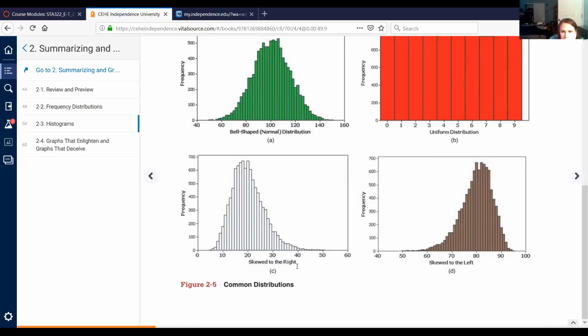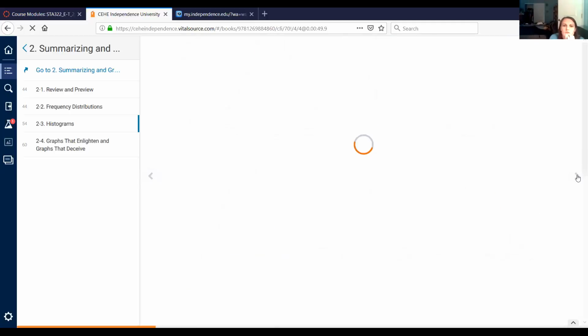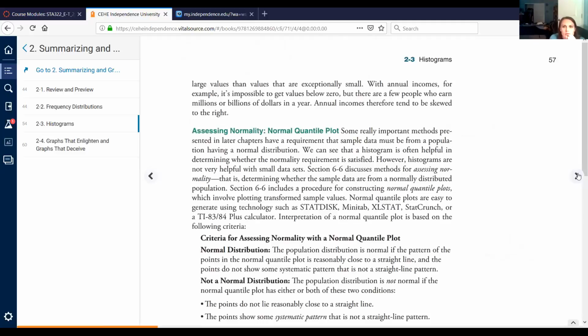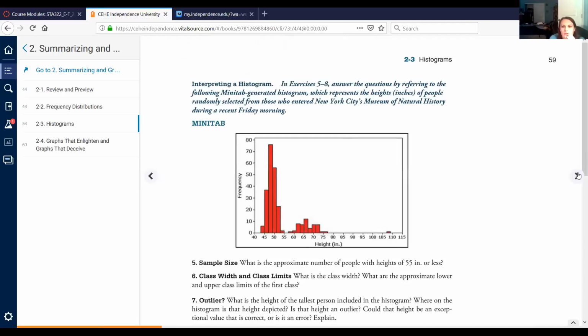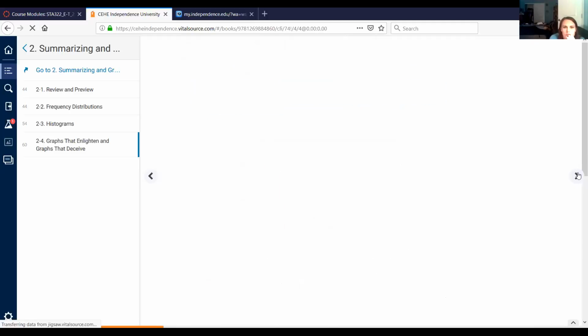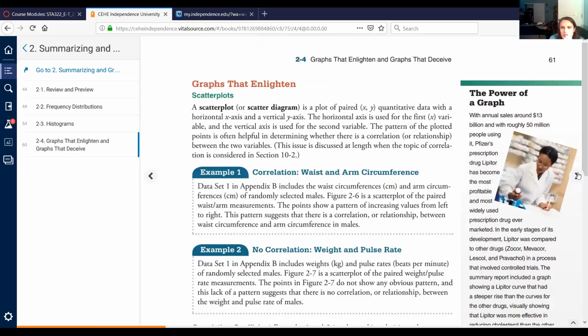So we can have different ways that the data will distribute. Not going to get into too much of this at the moment. Want to see if there's anything else that's critical.